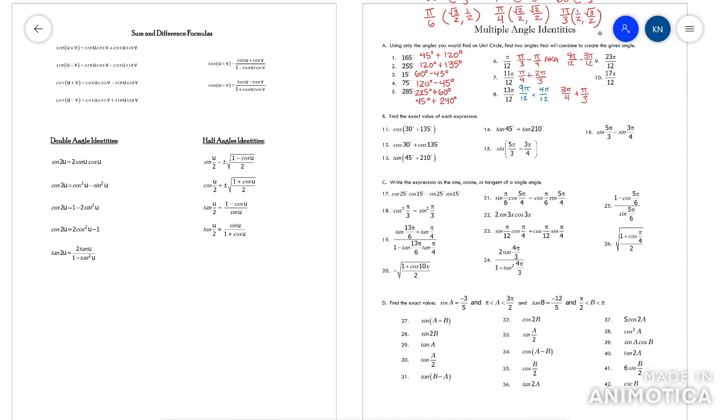So like 23 pi over 12, you need to be thinking of it as something over 12 plus something over 12. And so like this one, you could do like 15 pi over 12 plus 8 pi over 12. Notice these are still all variations of my reference angles here, okay?